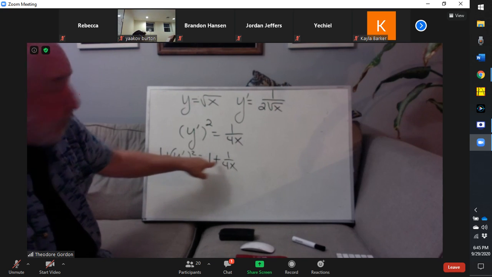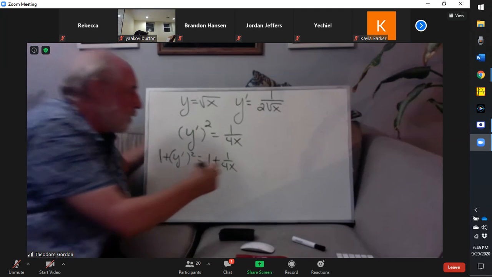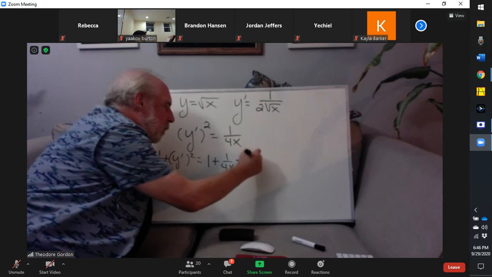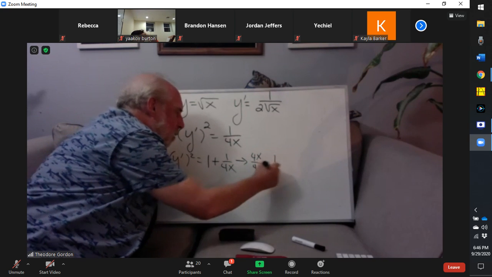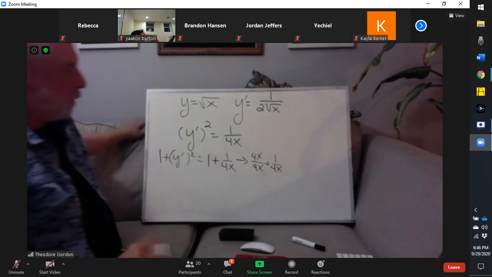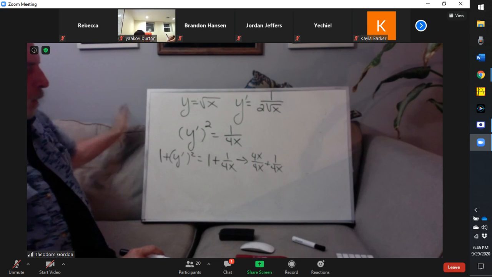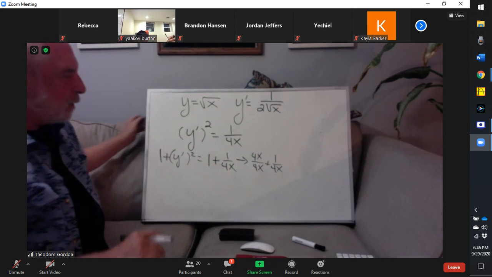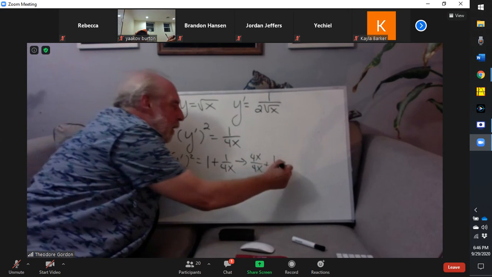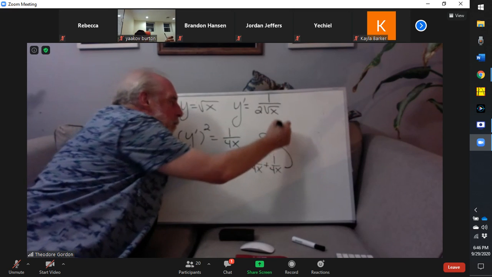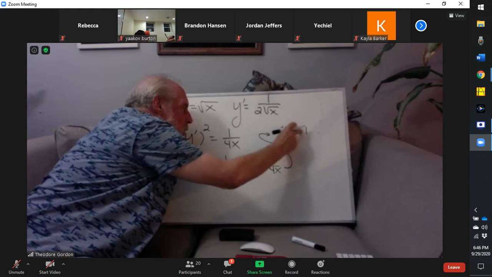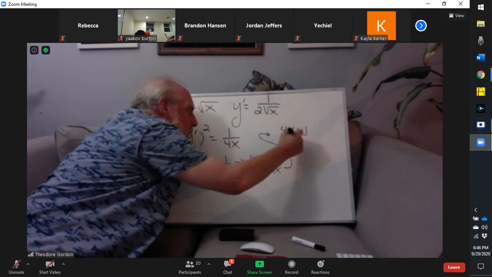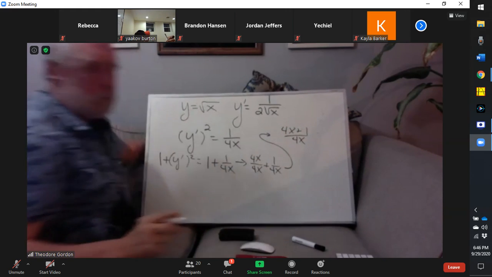So now I'm going to combine both of these fractions. We need a common denominator. So we get 4x over 4x plus 1 over 4x. I'm just adding these up and making a fraction. We now have the denominator here. So that leaves us with 4x plus 1 over 4x.